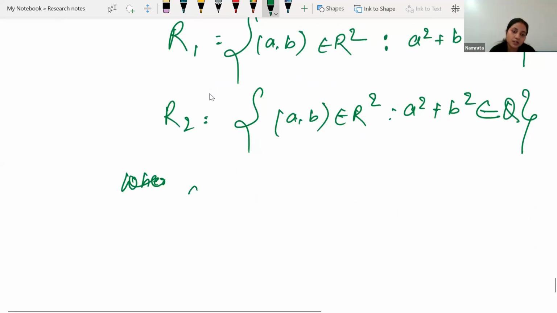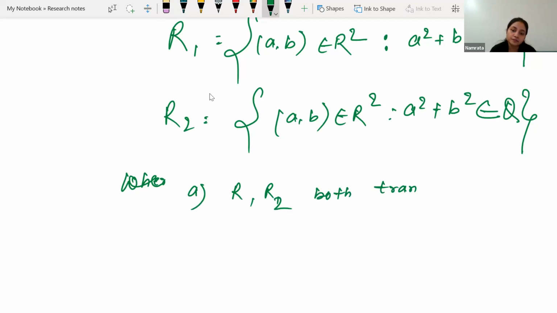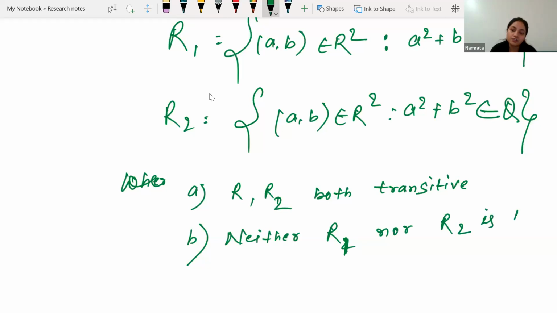Now the options are like this. Option A is R1, R2, both transitive. Option number B is neither R1 nor R2 is transitive.